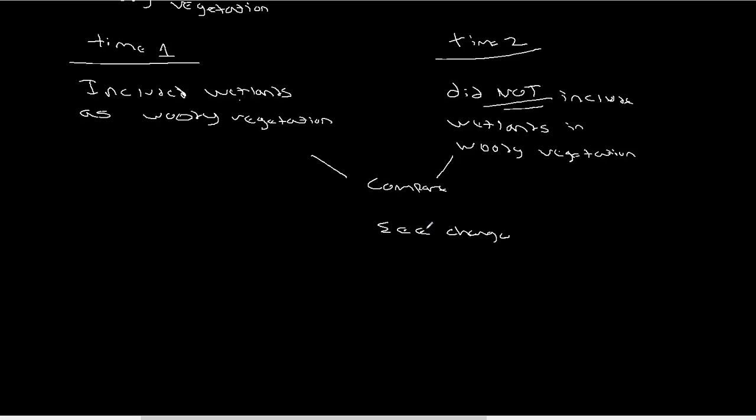We're seeing change not because the surface changed, but simply because the definition of this class included wetlands and the definition of this class did not. So anywhere that there would be wetlands in time 1, they will not be called woody vegetation in time 2, simply because the definition changed, not because the actual land surface changed.